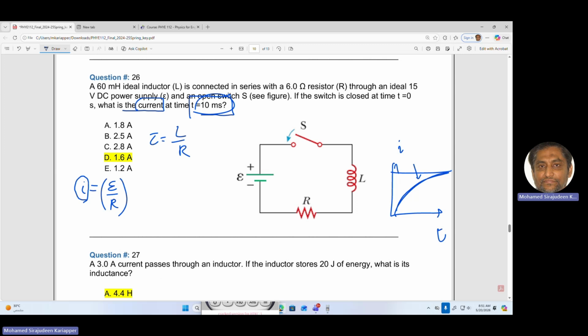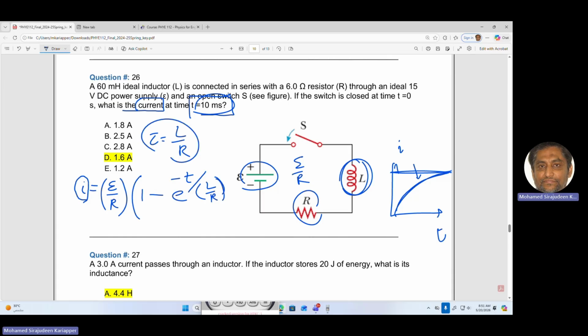If the inductor were not there at all, we'd expect the current to be simply E divided by R, but it will not reach E divided by R at once. Because of this inductor, it will resist this current to develop immediately. It will only reach the eventual current after some time. Tau is equal to L over R.